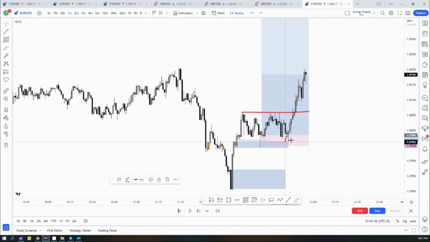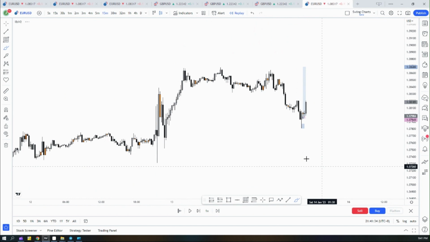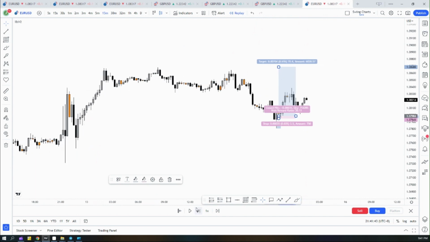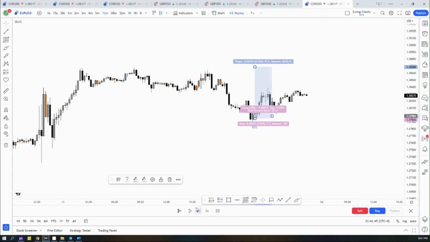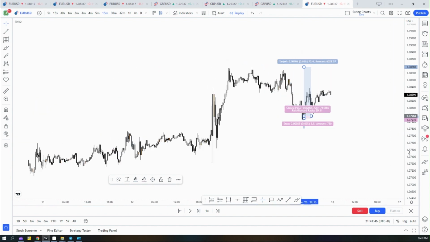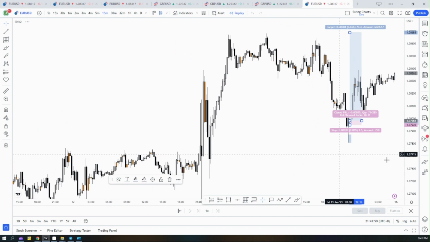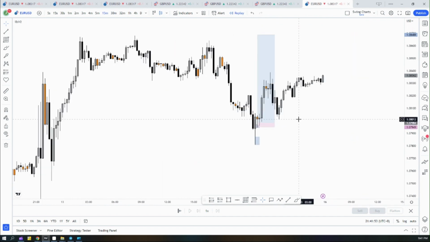So there's even the opportunity to get on a scale in here, but we will be conservative and say that we didn't. And let's see how this plays out overall. And into market close, this is where we ended up.